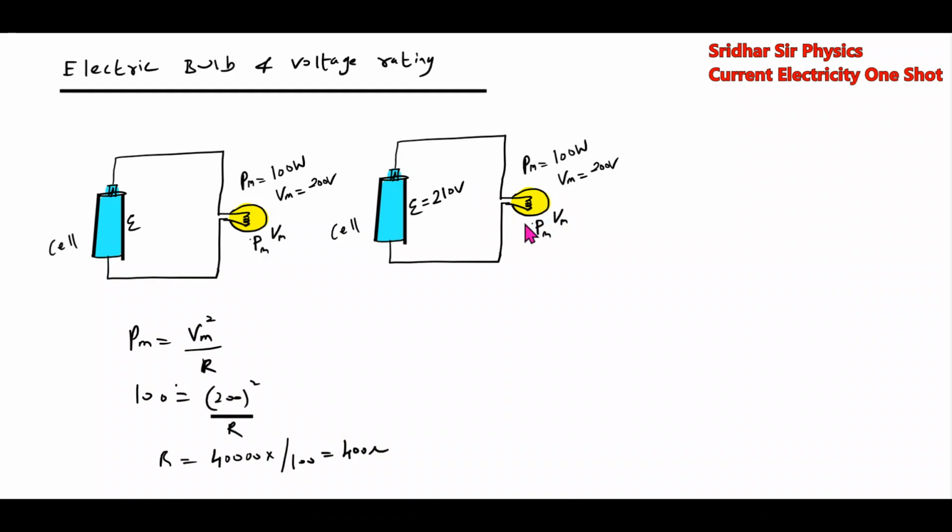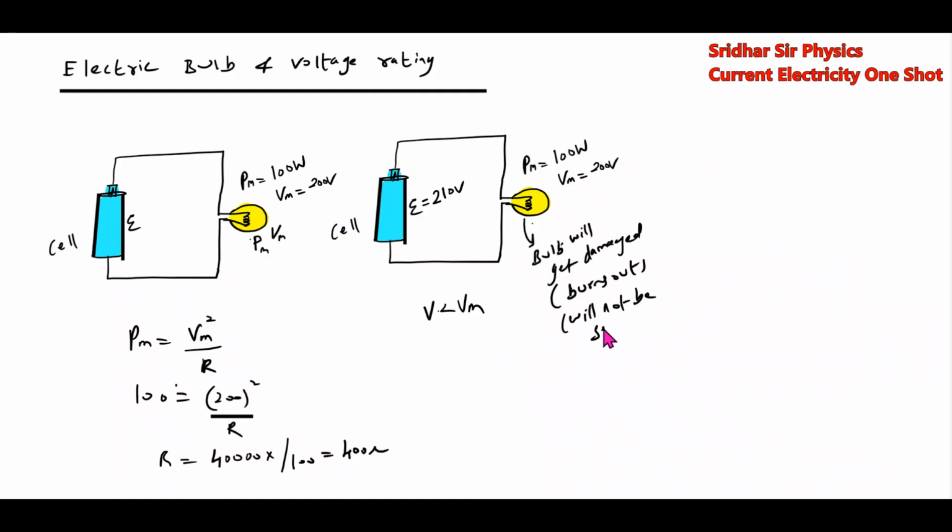Then what will happen to this bulb? The bulb will get damaged. Damage means it will burn out. Why? Because here the applied EMF V is greater than Vm. The bulb will not be safe, or burns out.